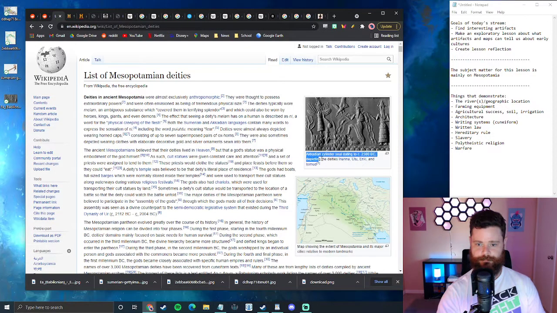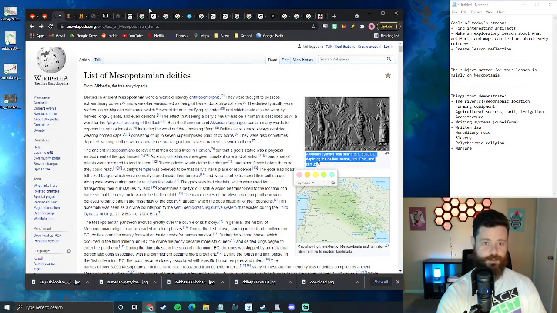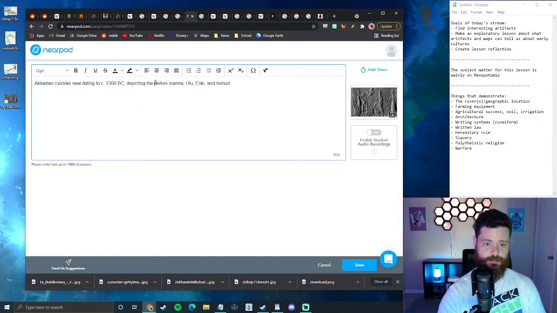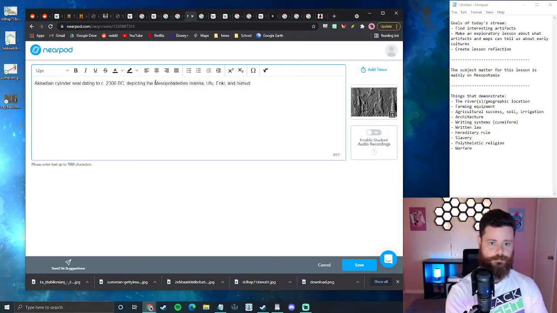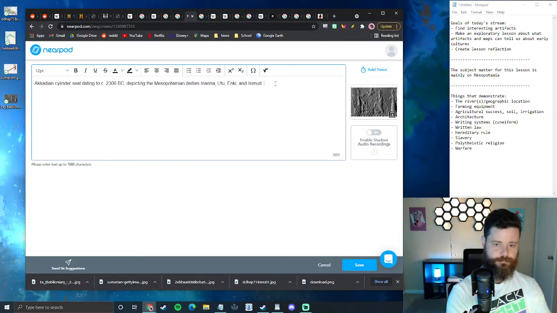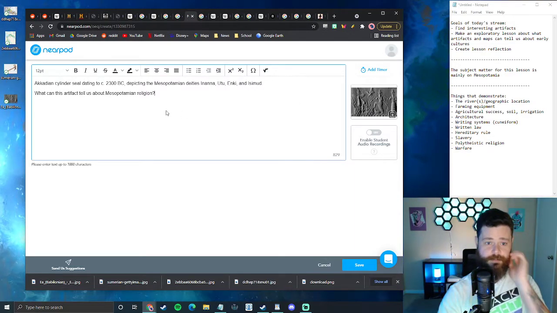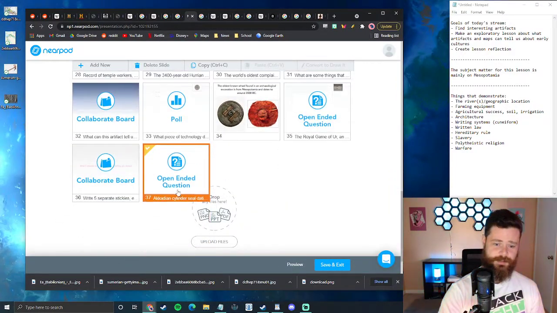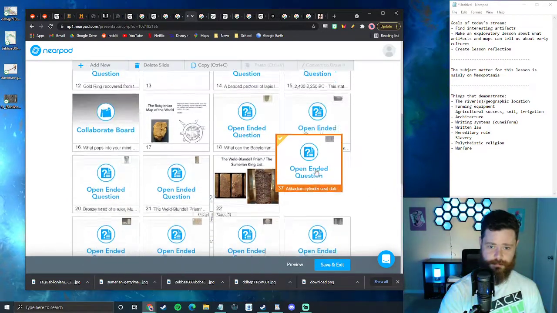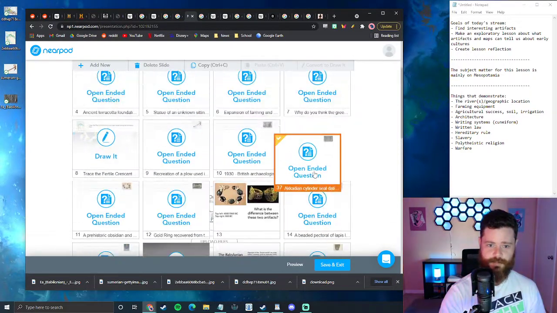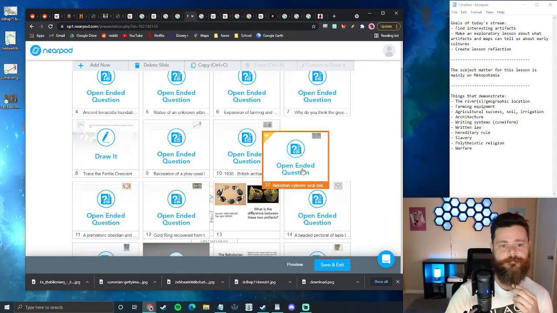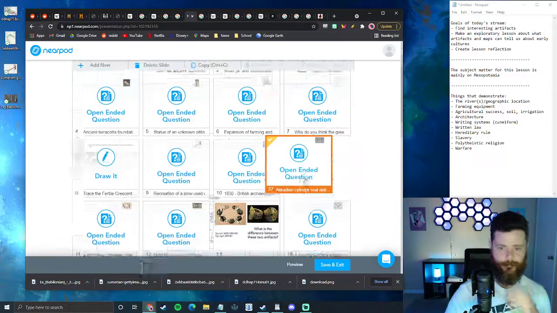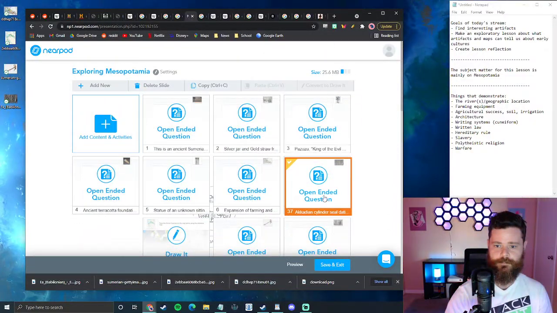I'm just going to add Mesopotamian deities. What can this artifact tell us about? And ideally, the answer would be that they had more than one god. And we'll talk about what polytheism is, and we'll get to all that stuff later on. Is there a good location for me to put this? Maybe this one. Okay.